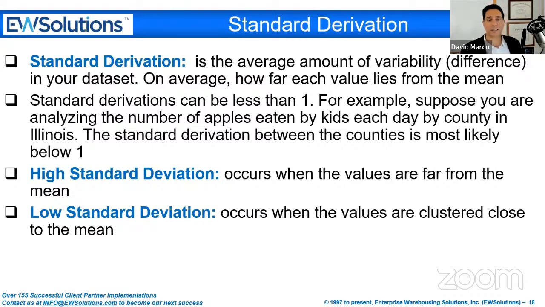However, in the rural areas down south, maybe it's 1.1 being eaten per day. That's a high standard deviation where there's a lot of distance between these two values. Low would be, hey, in Chicago, we eat 0.2 apples per day, and downstate, 0.25. That's low, very little distance.